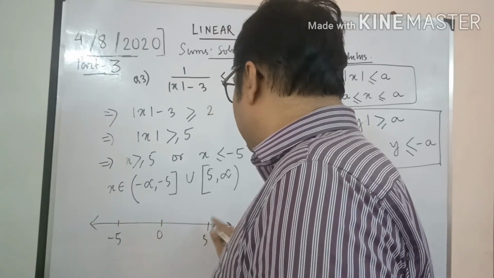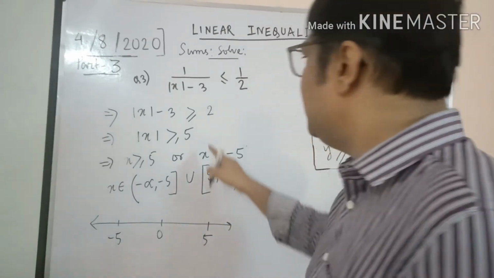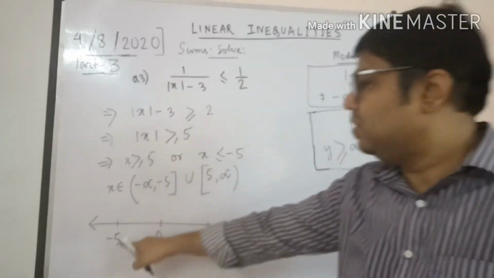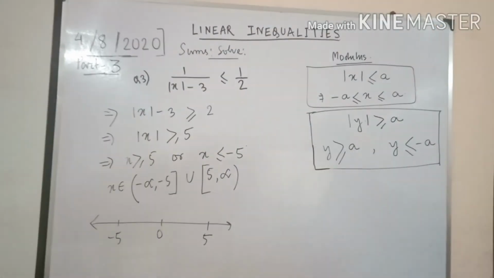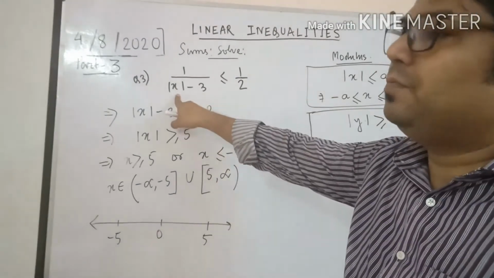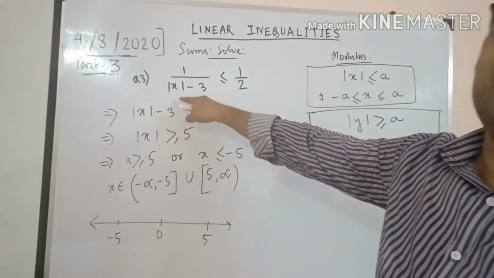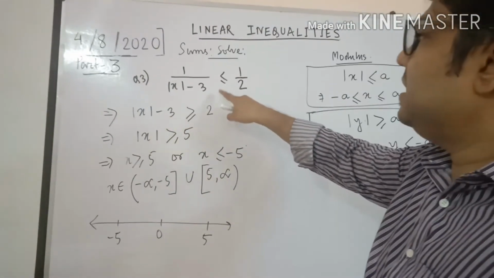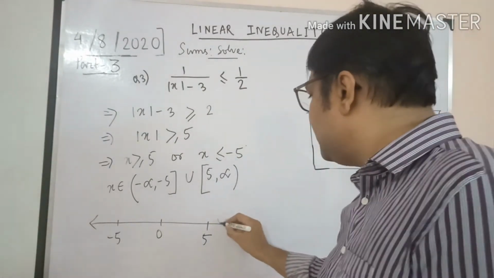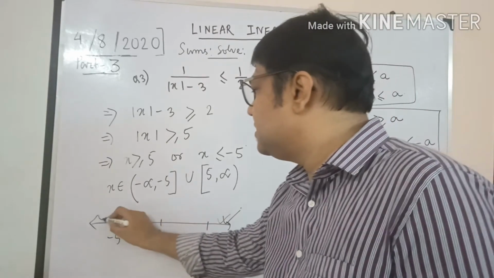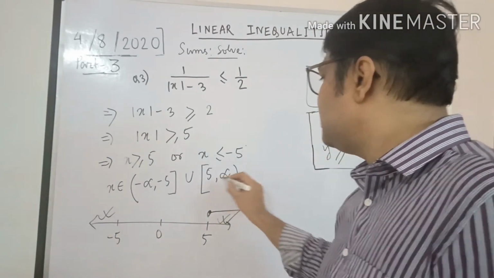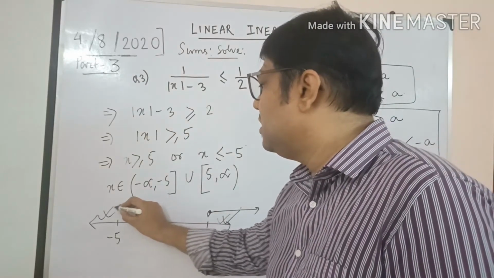If you put some numbers and check, after 5 or below minus 5, the number increases. So say some number like 7 or 10, you get fractions like 1 by 7 or 1 by 8, which is always less than or equal to half. So this part is taken care of, it's satisfied. So we can say this as per the solution already we got.